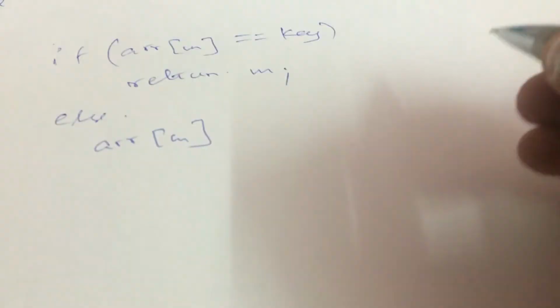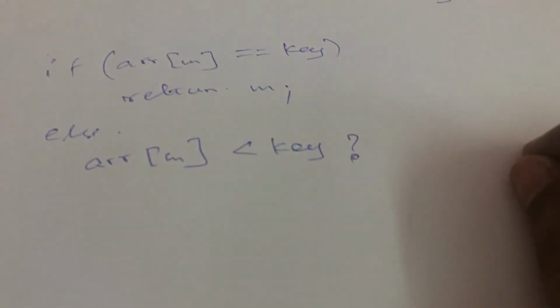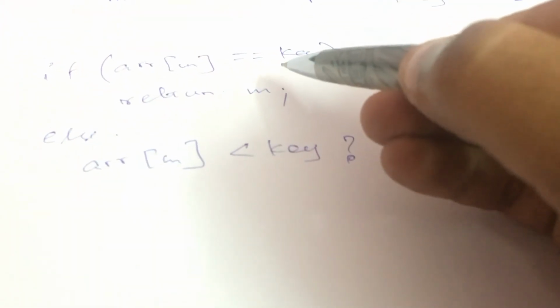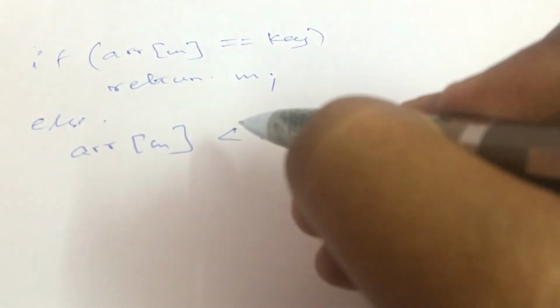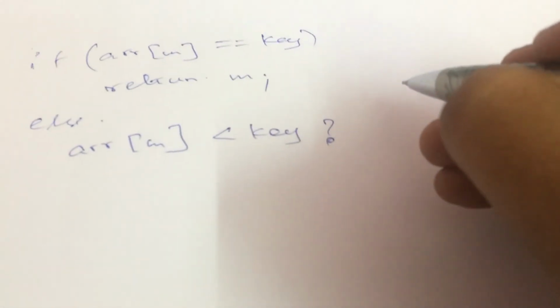In the next step, I'll check whether array of M is less than the key value. Here array of M is equal to 30, and it is not less than key, it is greater than key. So what should I do now?